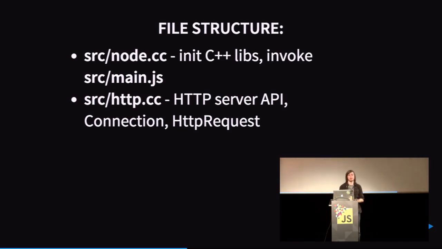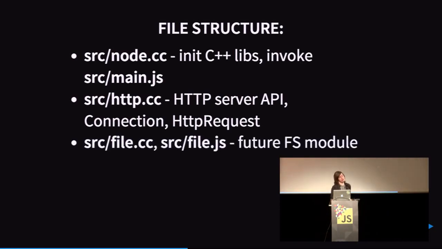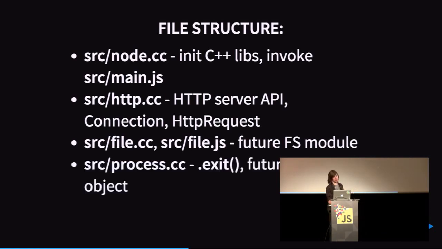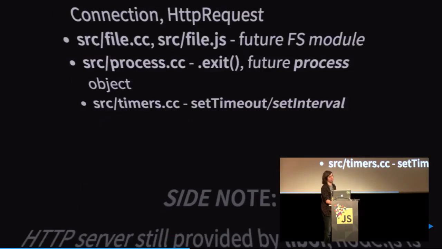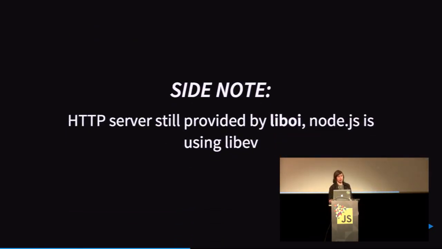It provides the HTTP server API, connection, and HTTP request classes. src/file.cc and file.js is the future fs module. src/process.cc has only an exit method right now, and it will eventually become the process object that we have now. src/timers.cc provides just setTimeout and setInterval, so nothing surprising here. Just a side note, the HTTP server is still provided by liboi, and Node.js is using libev for the event loop and asynchronous networking.